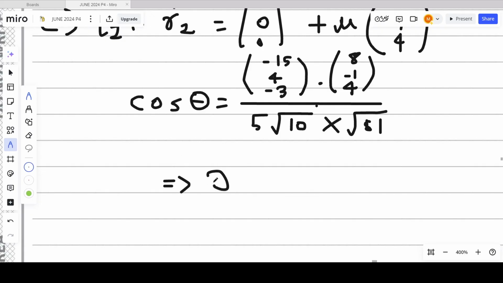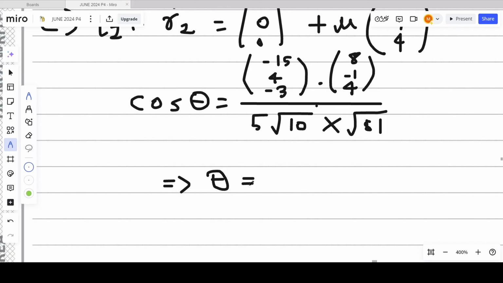Now find the angle theta. Use your calculator. The dot product: 8 times negative 15 is negative 120, then negative 4, negative 12, giving negative 136, over 5 square root of 10 times 9. So this is negative 0.95.